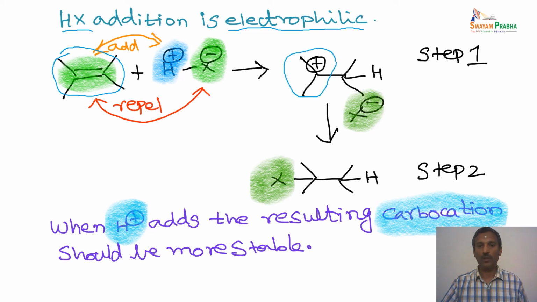This carbocation is attacked by the X minus halide to give the final product. So this reaction we already know, and this is a symmetrical alkene. In the case of an unsymmetrical alkene also, the reaction proceeds in the same fashion. The first step is the addition of H plus, followed by the second step, the addition of X minus.